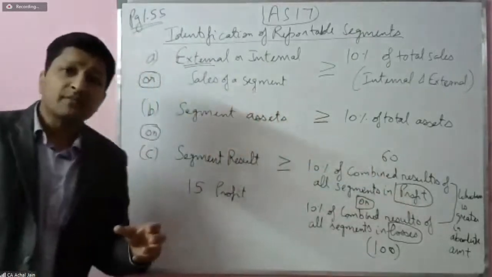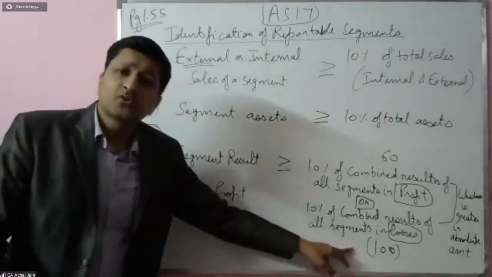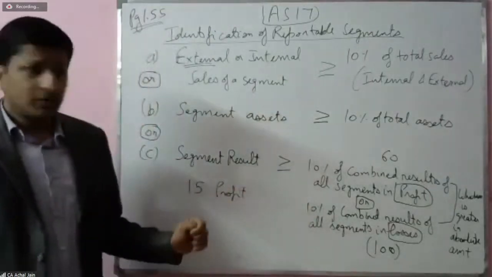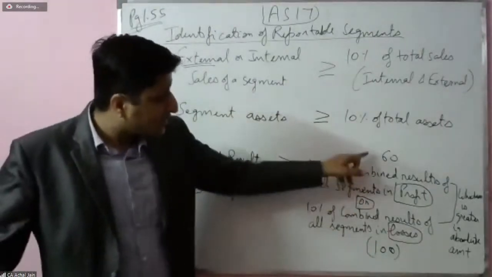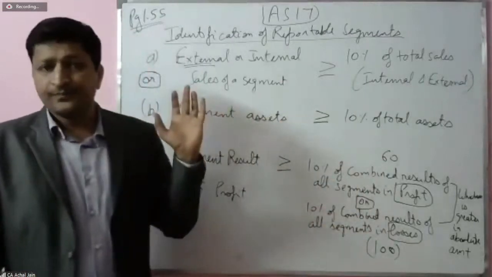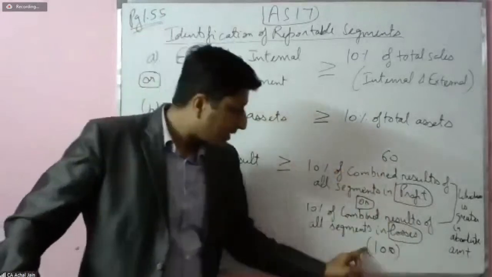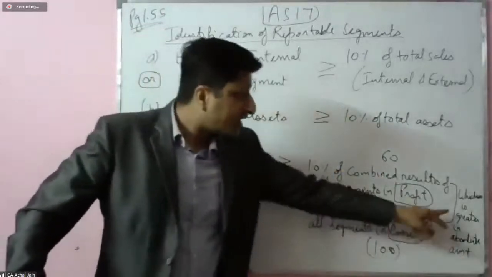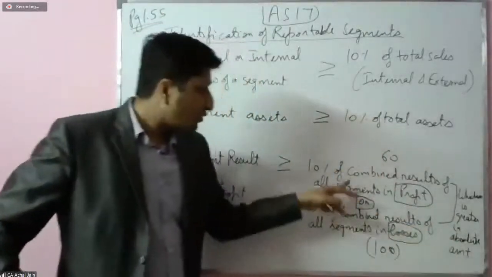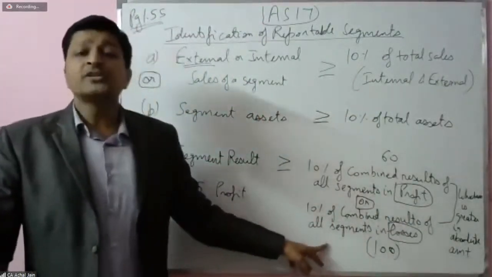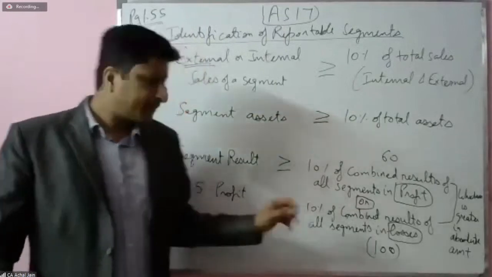You will club the segments which have losses, so it's 100. We make these figures absolute. So this is 60 and this is 100. Whichever is greater in absolute amount, out of these two, is 100.